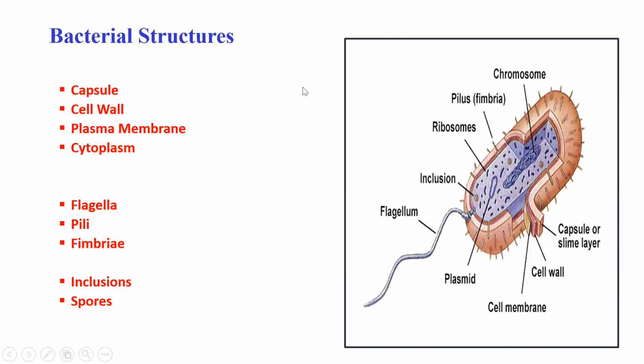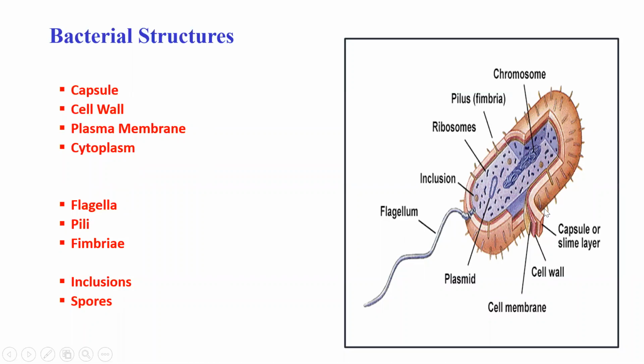Regarding the bacterial structure, we can divide the structures into 3 categories. First one, the capsule, followed by cell wall, then comes plasma membrane, and finally the cytoplasm. Regarding the locomotory organelles, the flagella, pili, and fimbriae, and the rest, the inclusions and spores.